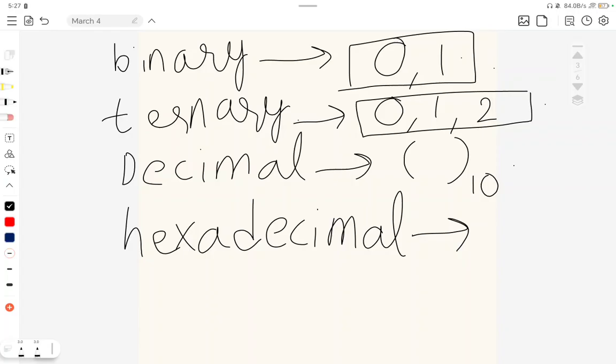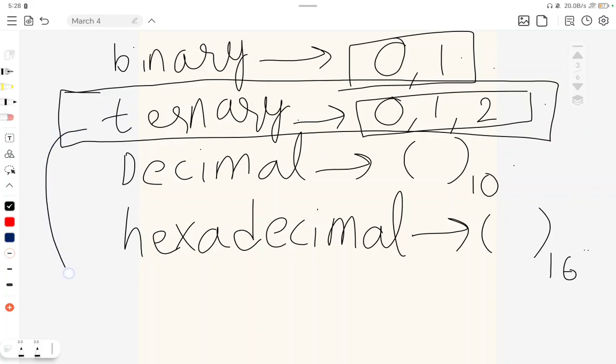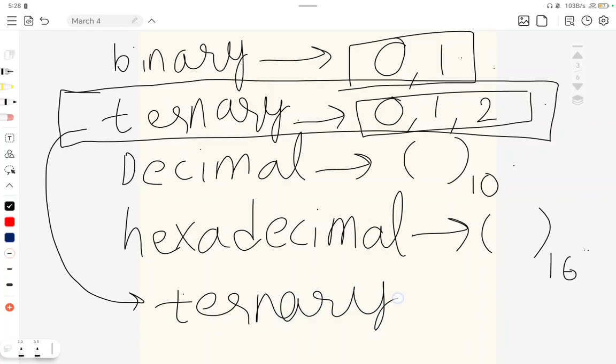Hexadecimal is base 16. Note this: a ternary number is in the form of 0, 1, 2. This is how we can approach the solution, by using ternary number operations.